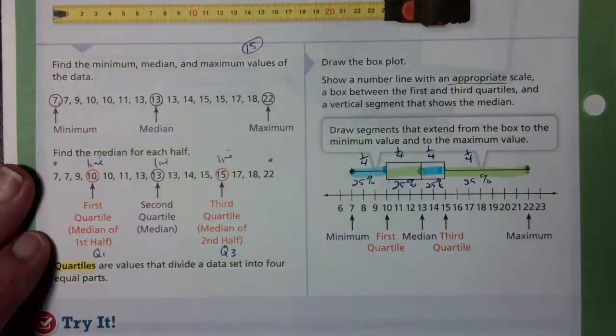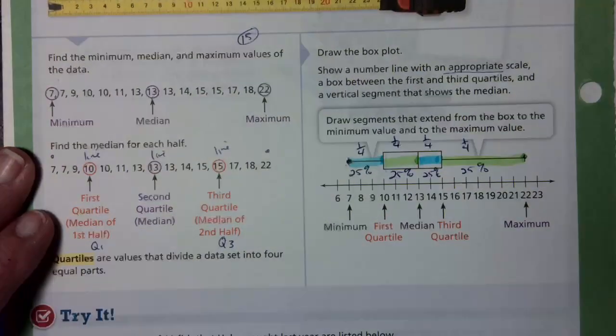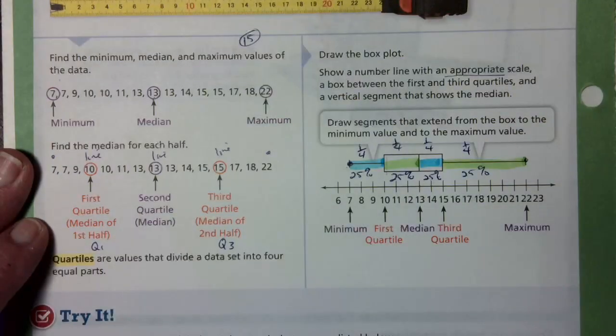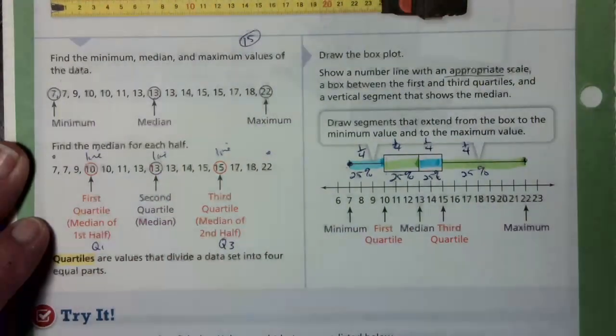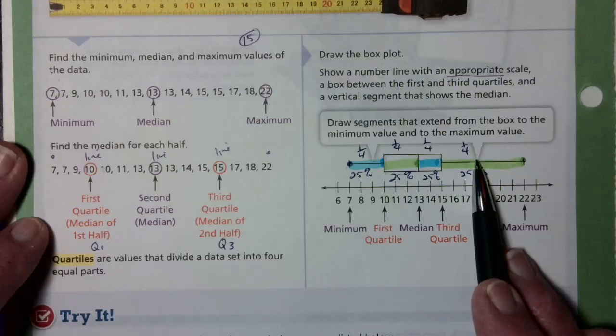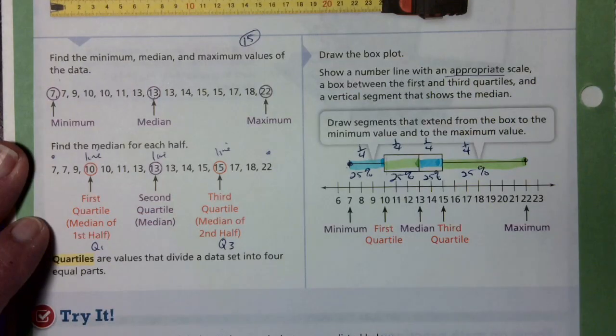So if I ask you the question, was 18 in the lower 25% or the upper 25%? Well, 18's right here, so it was in the upper 25%. Or is 11 below the median or above the median?